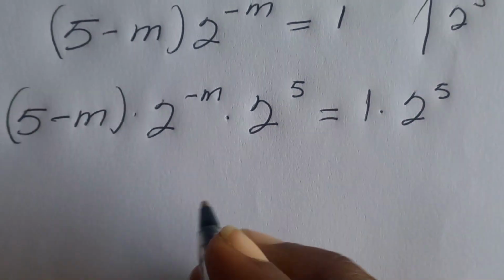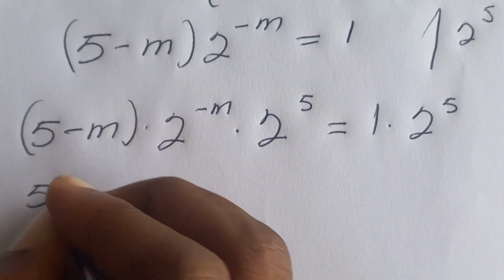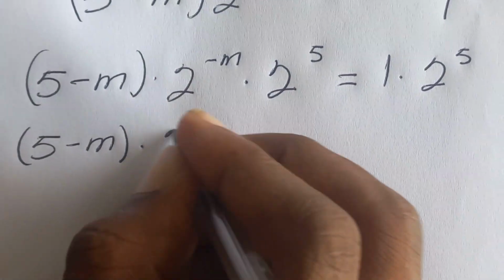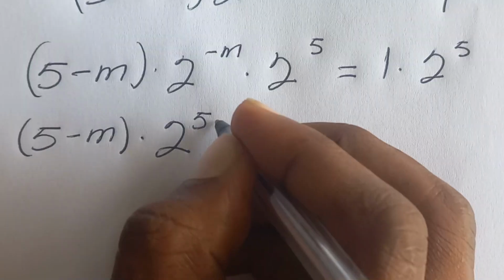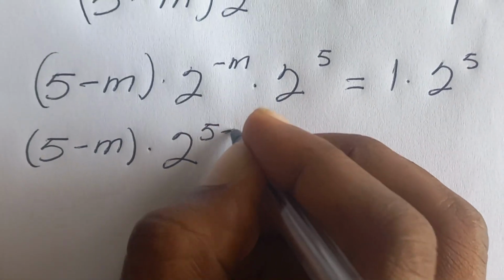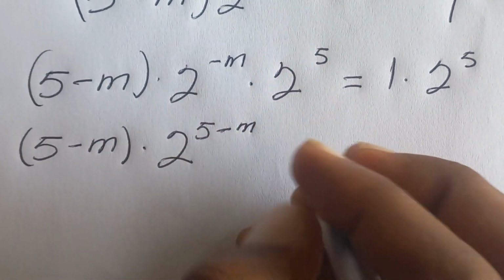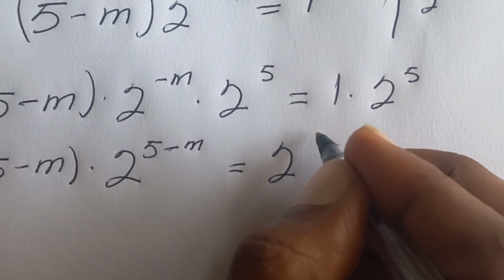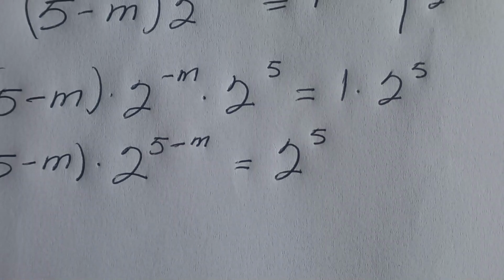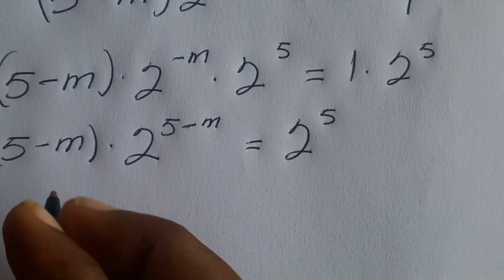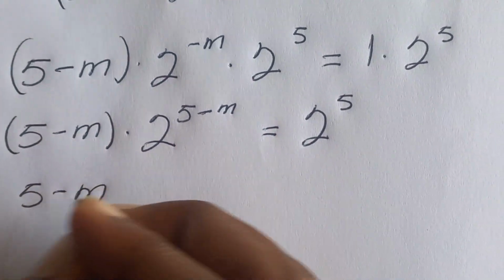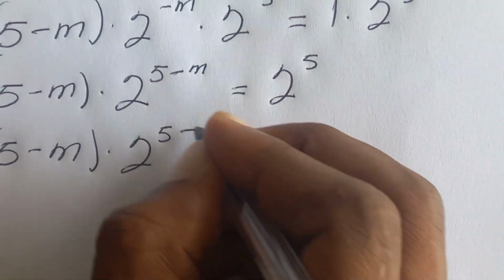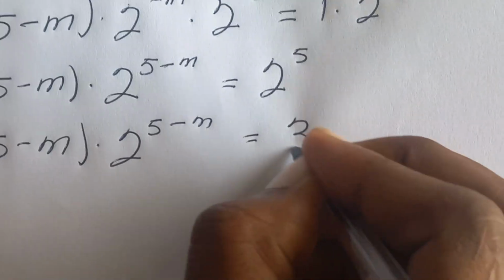So to simplify, we have 5 minus m brackets multiplied by 2 exponent 5 minus m, which is equal to 2 exponent 5. So again, 5 minus m brackets multiplied by 2 exponent 5 minus m is equal to 32.